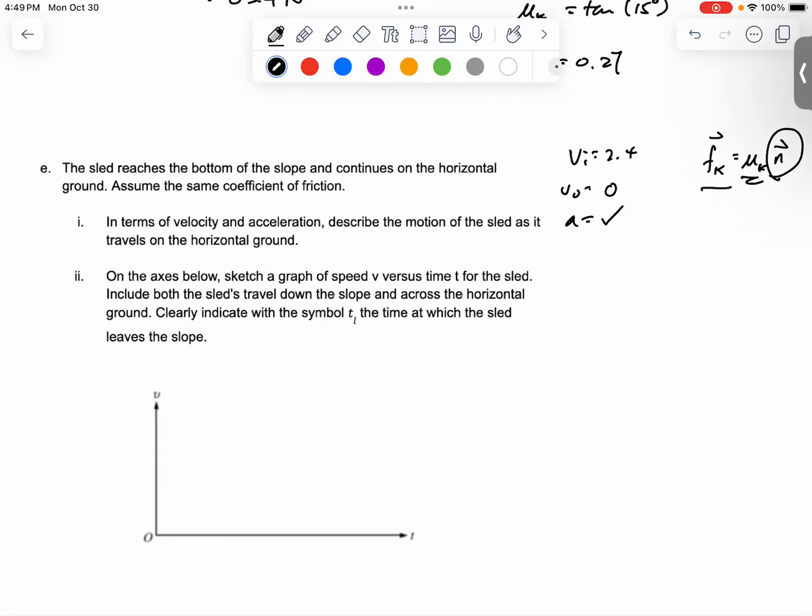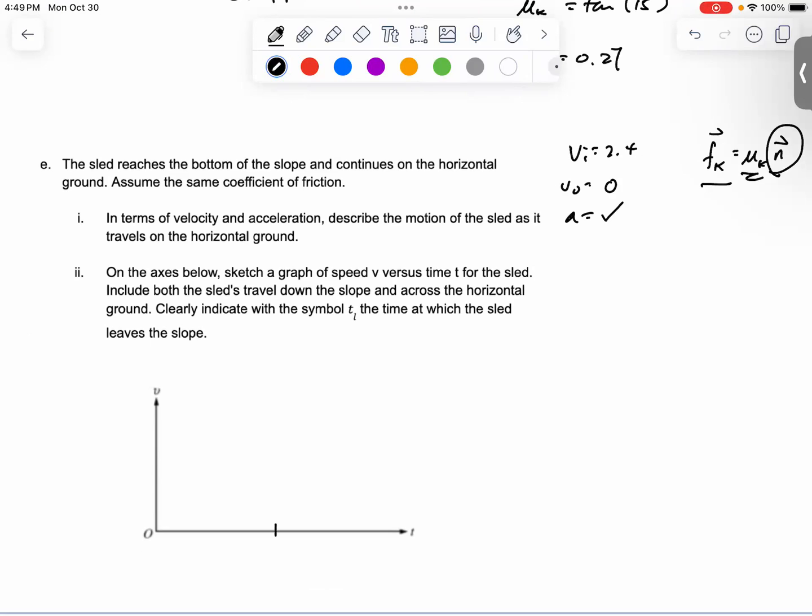Part two. So can you go ahead and draw the graph? So it says at about there will be a time called TL, that's the time that the sled leaves the slope. So can you go ahead and draw a graph, specifically a v-t graph, to represent the motion of the sled?